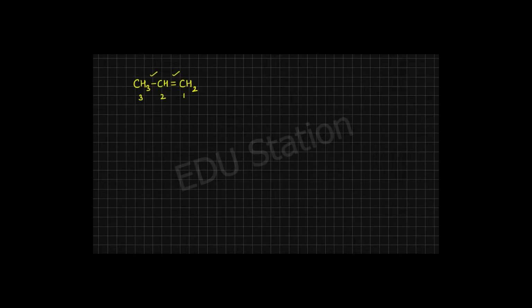This single bond between the second and third carbon is of shorter bond length than an ordinary single bond. If you take ordinary ethane, it has a carbon-carbon single bond. This single bond between the second and third carbon is slightly shorter than that.